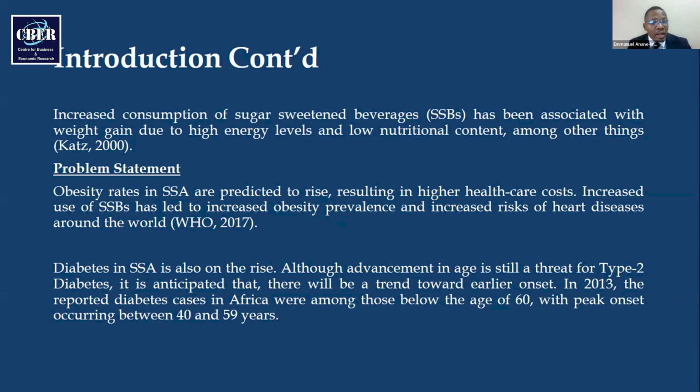However, in 2021, the World Health Organization recorded that diabetes is now among young adolescents aged 18 years in Sub-Saharan Africa. So this is a problem, and if we do not tackle it, then we are going to be in serious trouble.